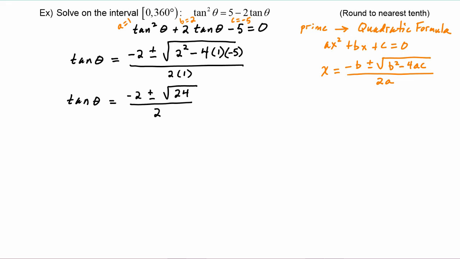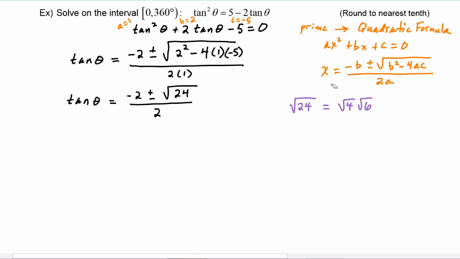I suggest to you that you work on the radical off on the side and simplify it rather than have to rewrite a big equation over and over again. Now we know that radical 24 has a perfect square in it of 4, and we'll have to take that times 6. So radical 24 becomes radical 4 times radical 6.